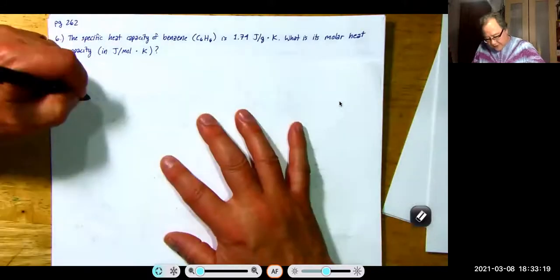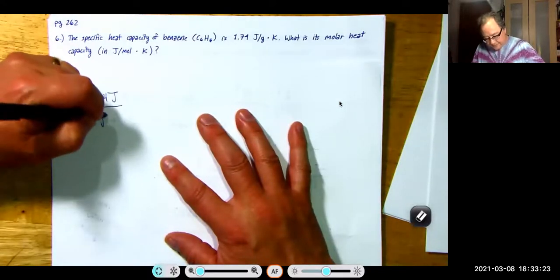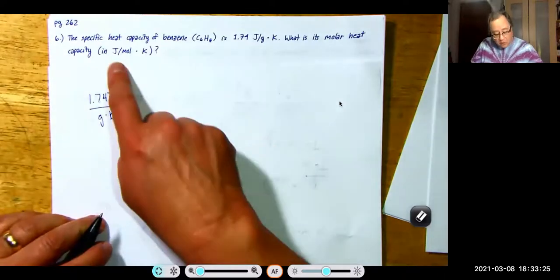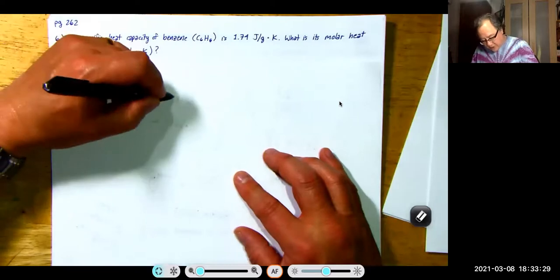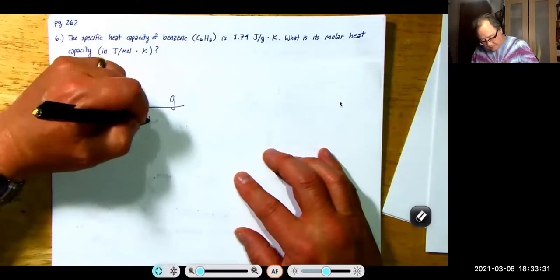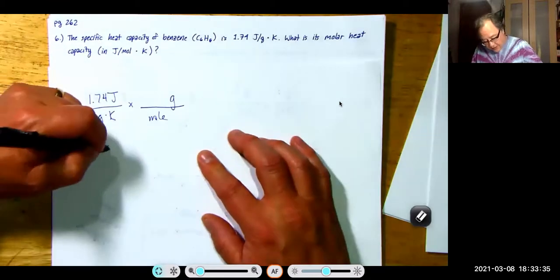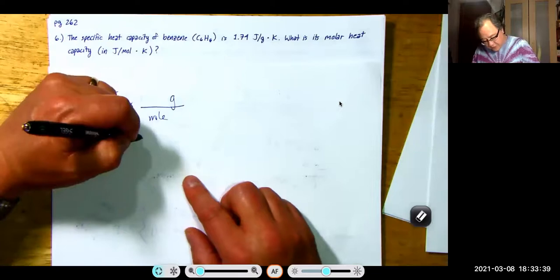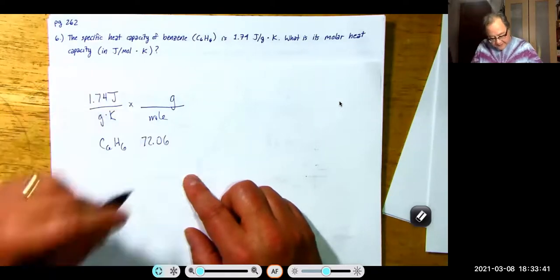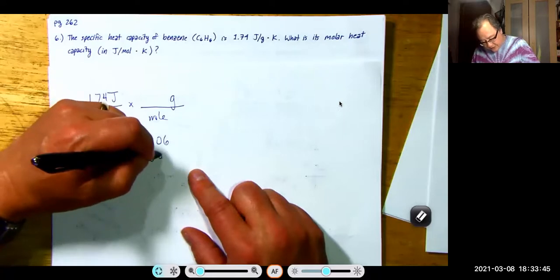We have 1.74 joules per gram K, and we want joules per mole K. So we want to multiply by something that has grams on the top and mole on the bottom, which looks like a molar mass. So we're going to do the molar mass of benzene. 6 carbons is 72.06. 6 hydrogens is 6.06.